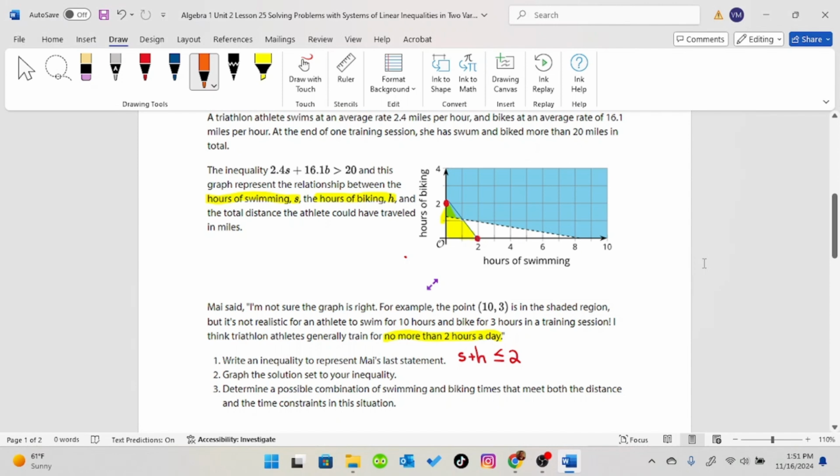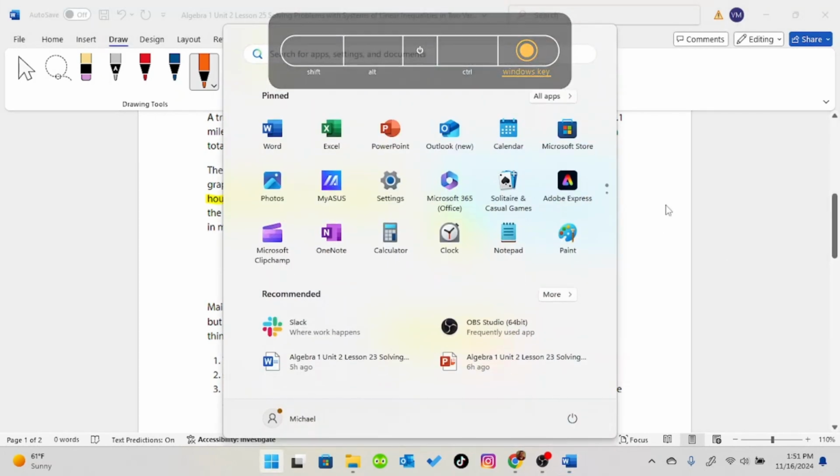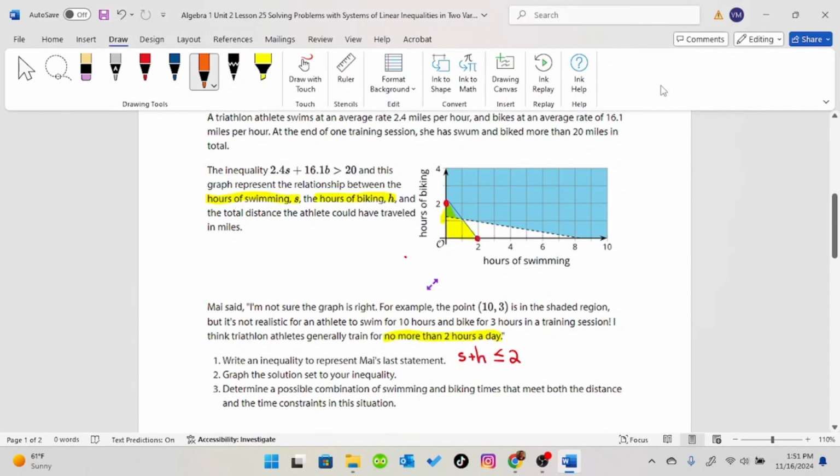Number 3, determine a possible combination of swimming and biking times that meet both the distance and the time constraints in this situation. So what we're looking for is a point that is in the overlapping double shaded area or on the solid line that is its boundary.